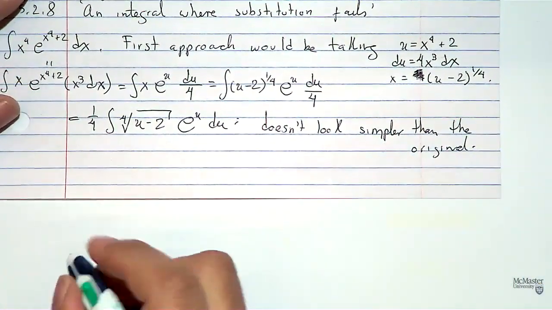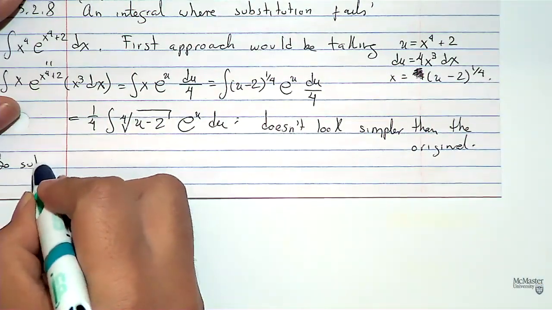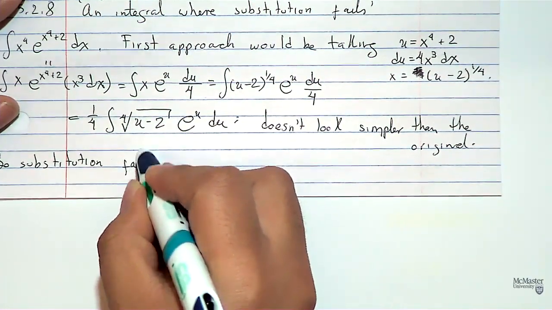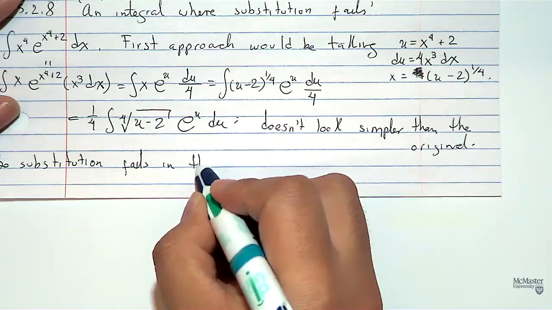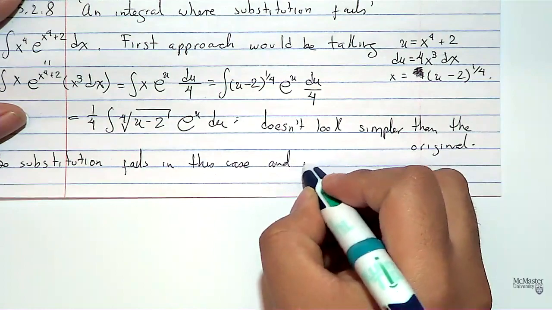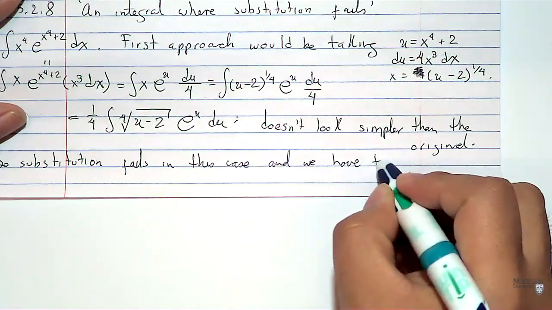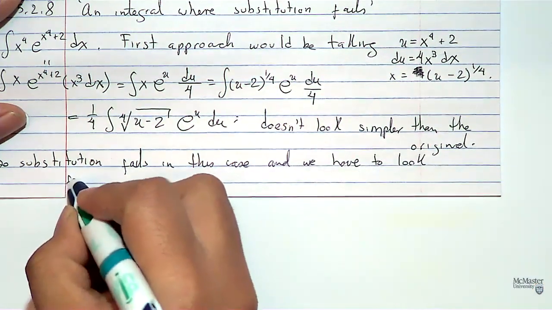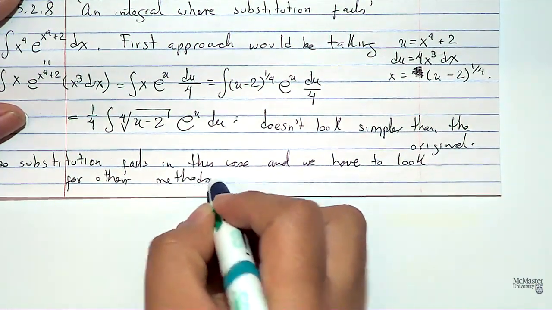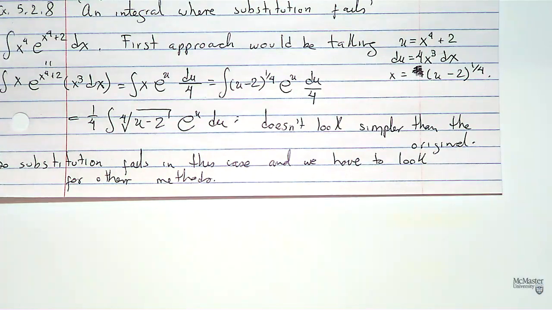So the moral of this story is that substitution fails in this case, and we have to look for other methods. Okay? So sometimes you can use it, sometimes the integrand is so complicated that you have to resort to other techniques. That is the moral of the story.